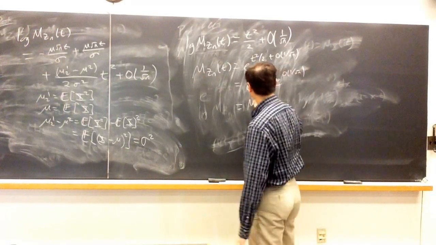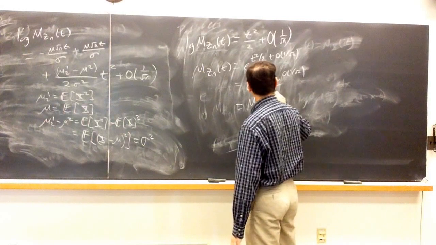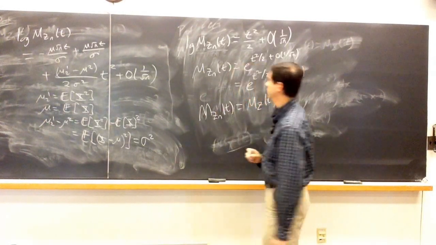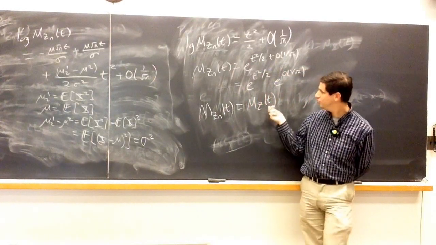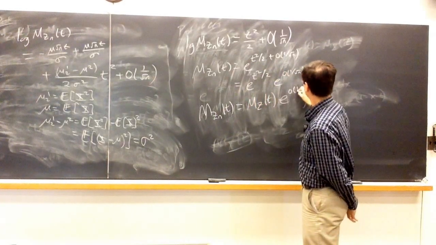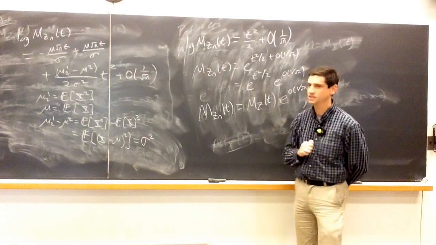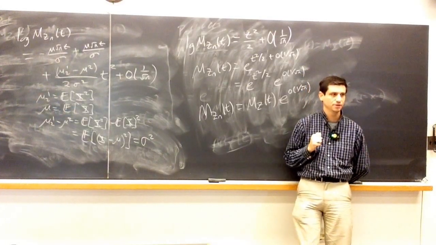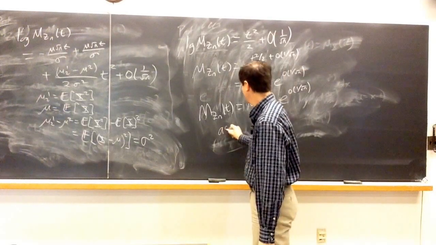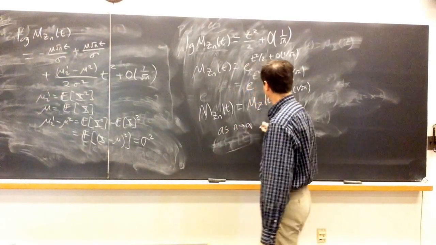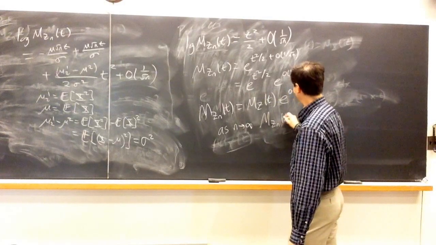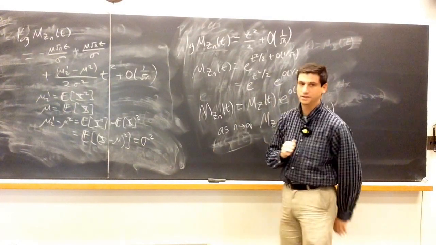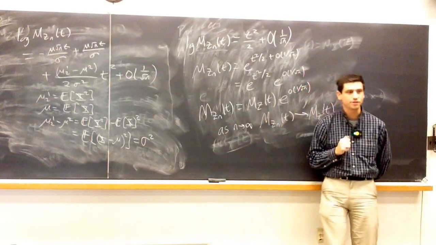It's the moment generating function of the normal. So we get the moment generating function of Zn is the moment generating function of the normal times e to the 1 over square root of n, or something of that order. So as n goes to infinity, the moment generating function of Zn of t goes to the moment generating function of the normal. And in fact, we even have control over the rate of convergence.